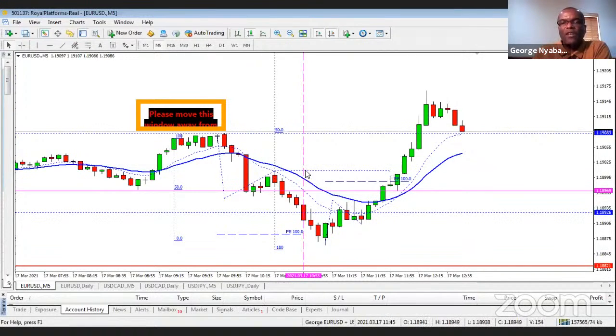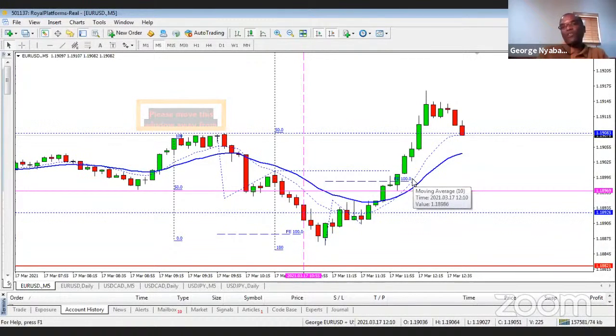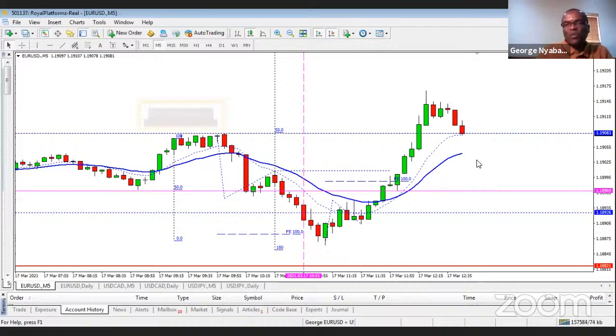So if we'd hit that test and we'd come back and given us a setup here, testing the open of the day, which is the purple line, coming off the 10-moving average, then we could progress. But beyond that, I've got to wait to see what happens on the 20.